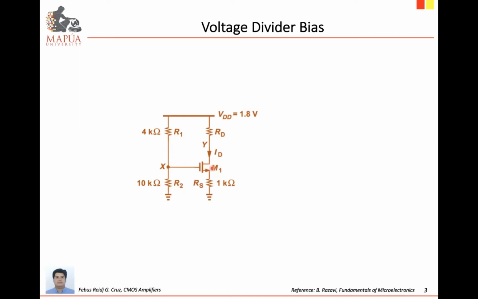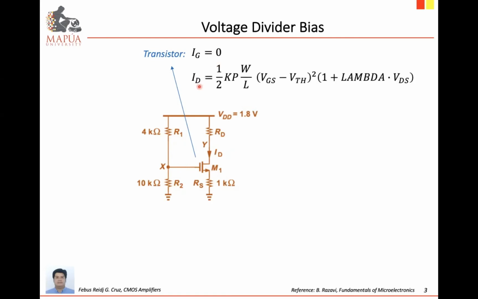To analyze this, we have to define the transistor equations. First, we know that gate current is 0 and that for the drain current, we are going to use the saturation model: 1/2 Kp W over L times the square of VGS minus VTH, then times 1 plus lambda VDS.